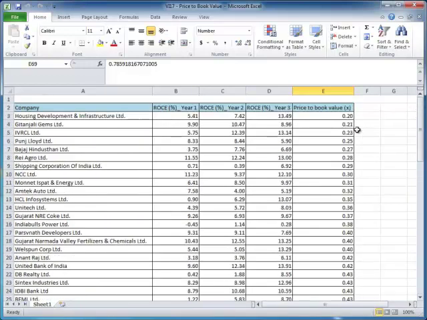Obviously this would be a good starting point if you wanted to think about investing in companies trading at a significant discount to their book values. But one important point to keep in mind is that all of these companies have a return on capital that's less than the cost of capital. We've assumed the cost of capital is around 15%, and this is a fairly reasonable assumption, because a fixed deposit, which is risk-free, may pay between 8 and 10%.